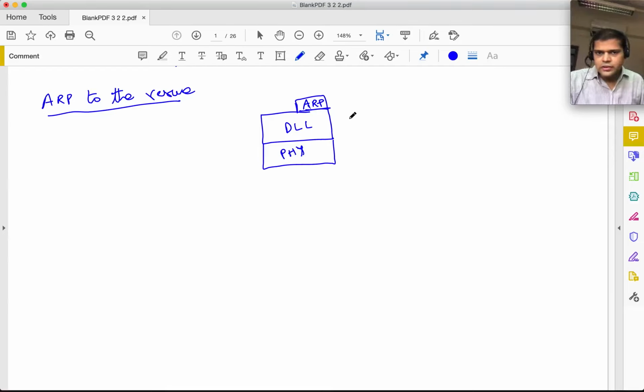That's a nice way of looking at things. But in practice, it's not clear what is above what in some cases. So anyway, for our case, we can look at ARP as being something above the data link layer. Okay, so you can send out an ARP packet which is included, let's say, in an Ethernet frame. Okay, so let's look at what the Ethernet frame would be like.